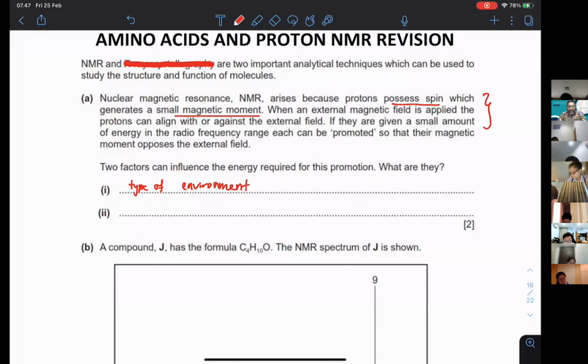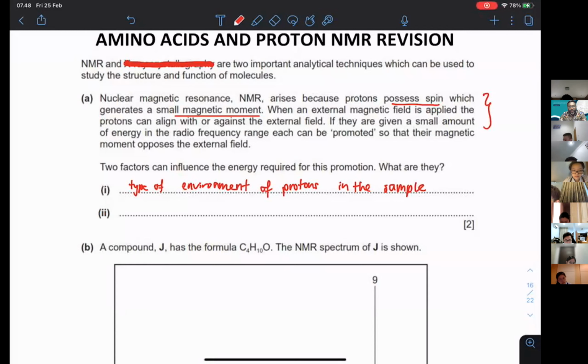In this case they are talking about protons, so the type of environment of protons in the sample. That is going to be one of the factors.